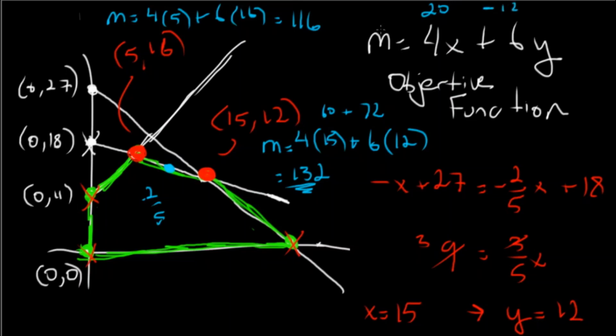So every time I move to the right, I gain 20, lose 12, so I gain a net of 8. So that is why this point right here must be our maximum point. But I just like to plug them in. I like to get rid of the easy ones and then just plug in the last few tricky, annoying ones.